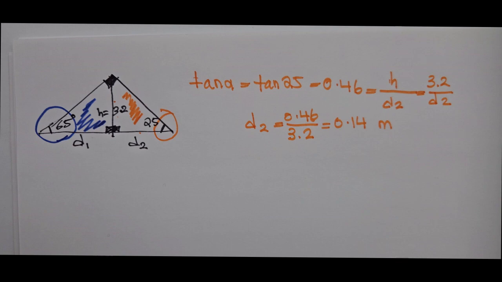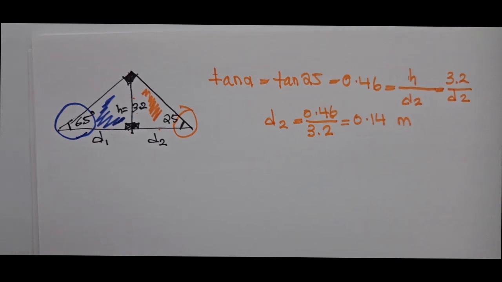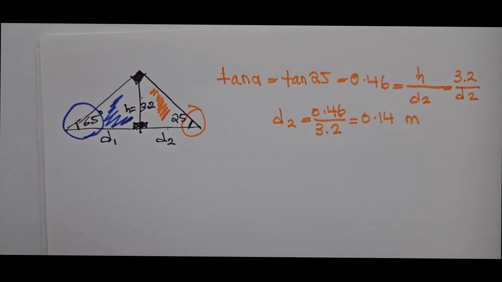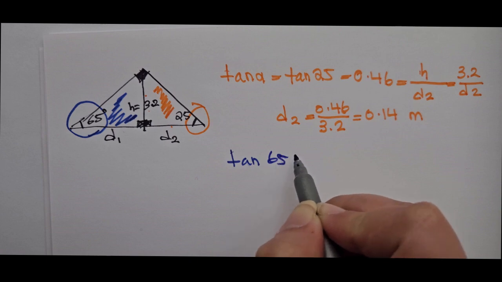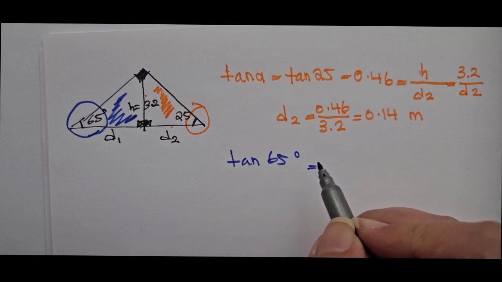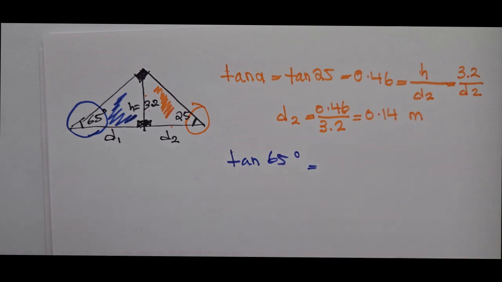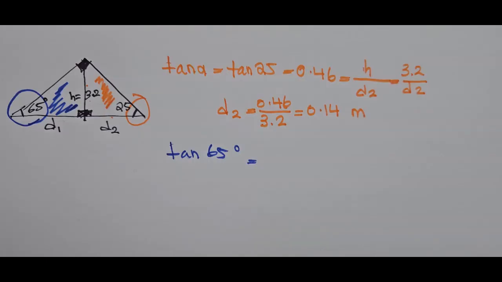Now we have to find D1. So let's consider the blue triangle. I just do exactly the same thing. Tangent of 65 degrees would be how much? Let's see. Remember guys, I have to emphasize it again and again: when you're doing this calculation, you have to make sure it's in degree mode.